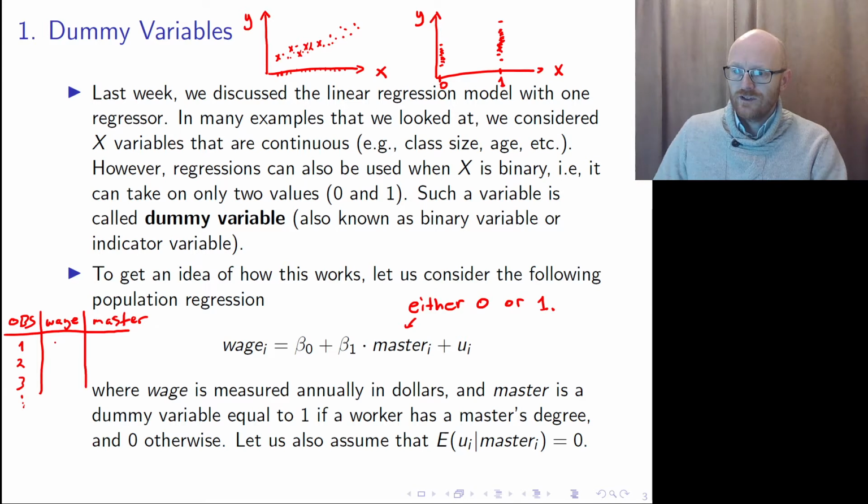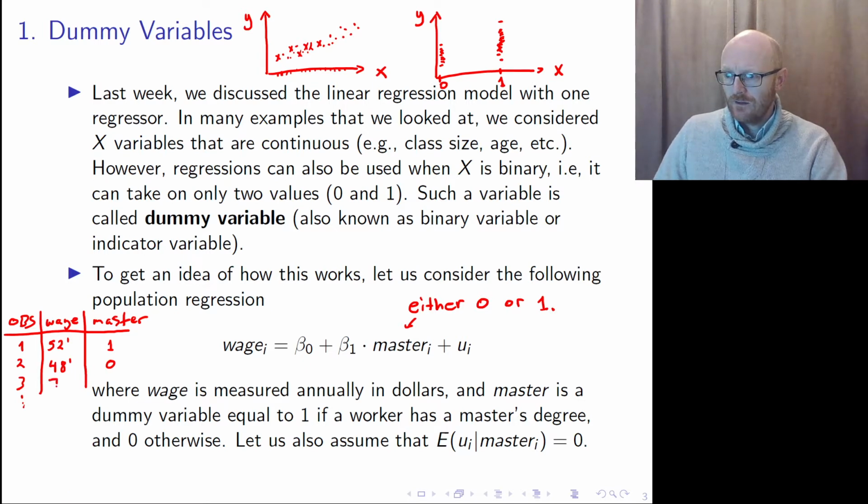So for example, if we count in euros, the first person that we look at has 52,000 euros in wages and has a master's degree. The second person has a 48,000 wage and does not have a master's degree.